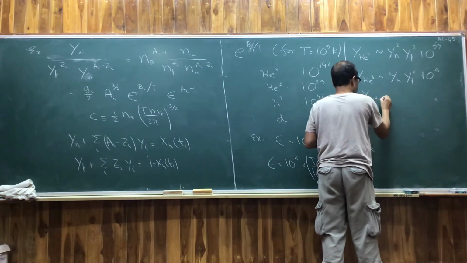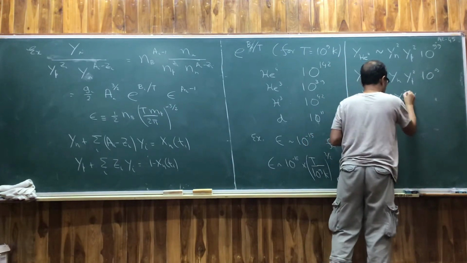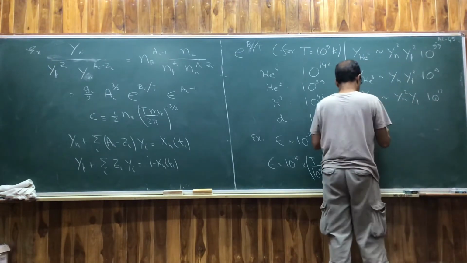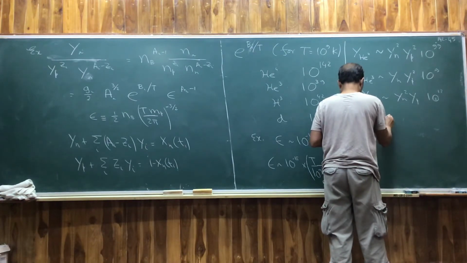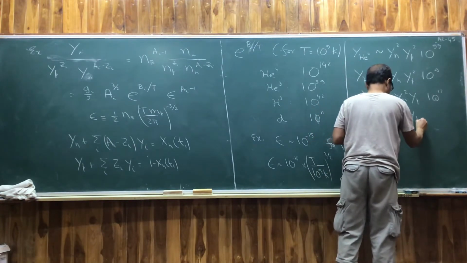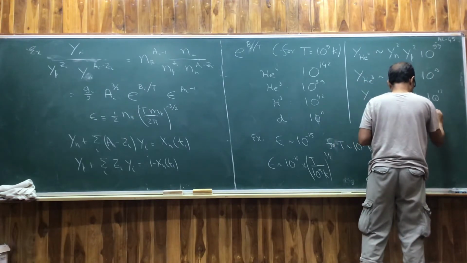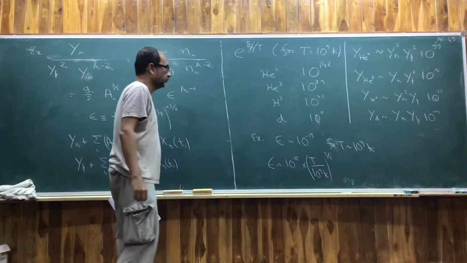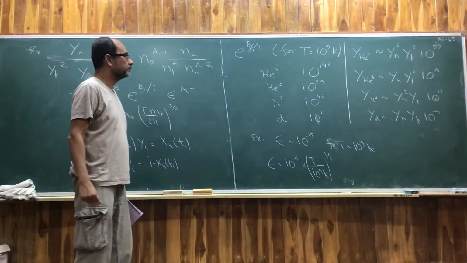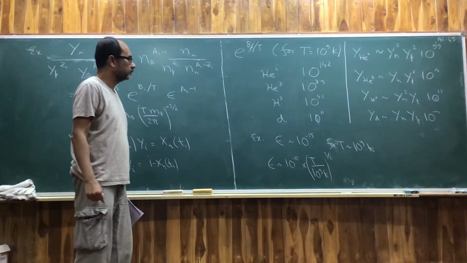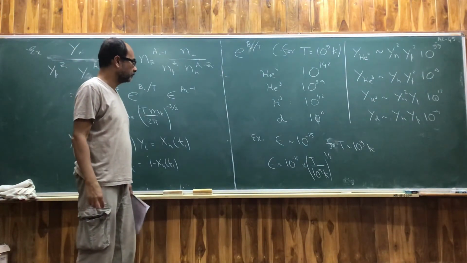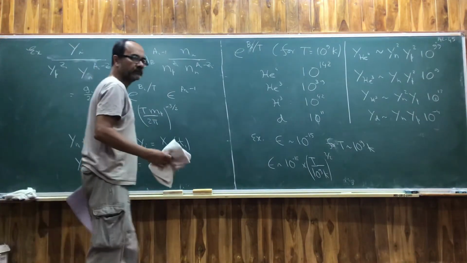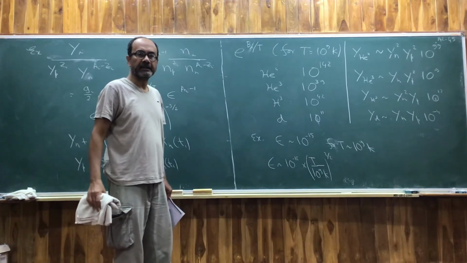Y_H3 is Y_n squared Y_p times 10 to the power 12, and Y_d is Y_n Y_p times 10 to the power minus 4. Is this clear?